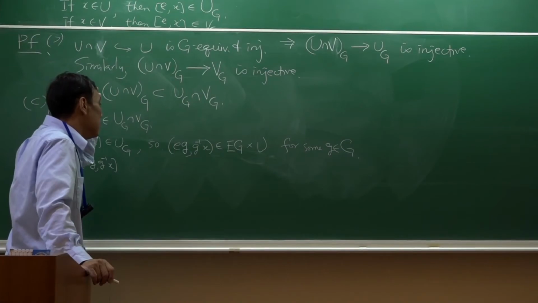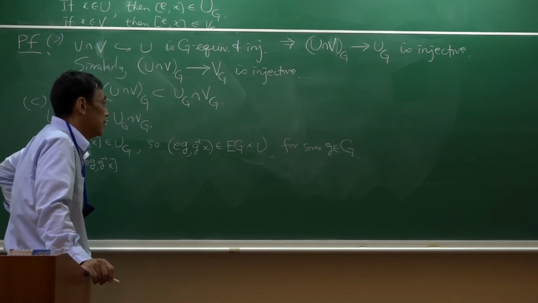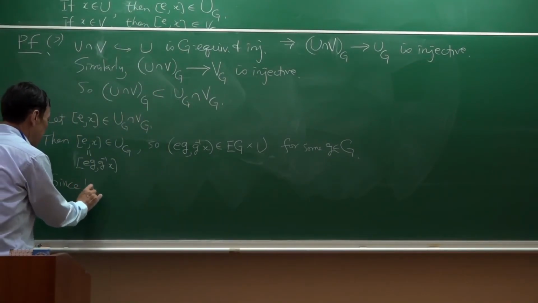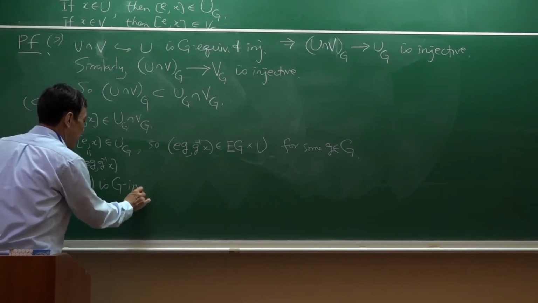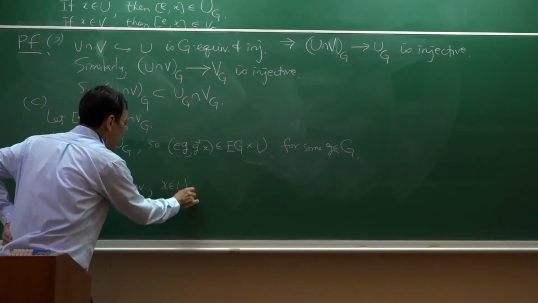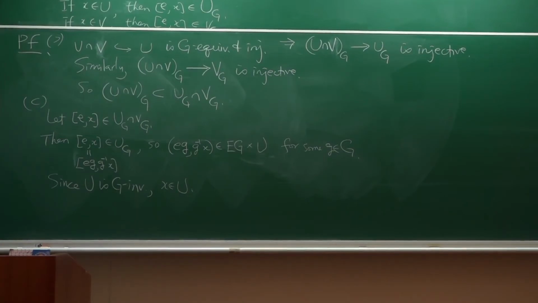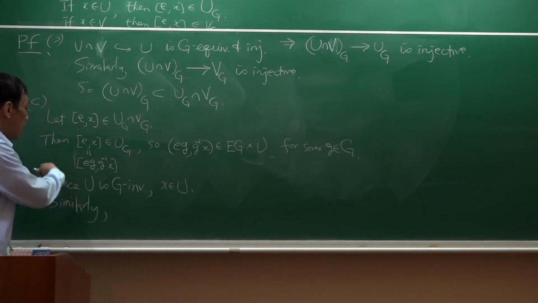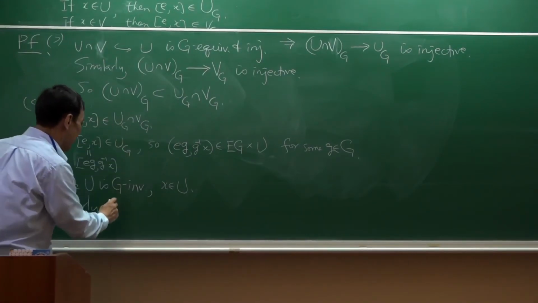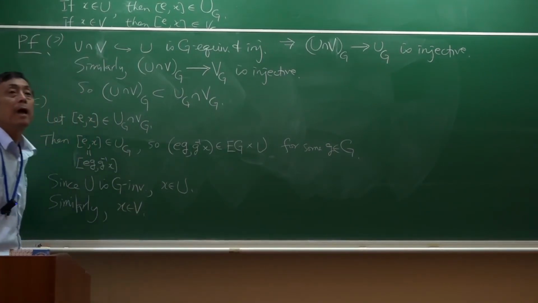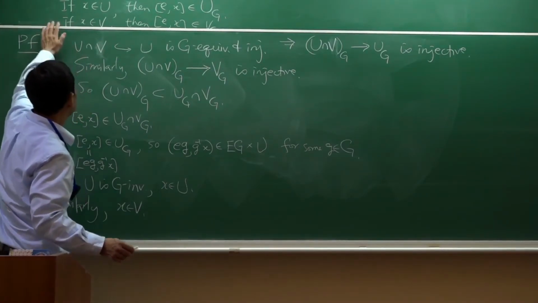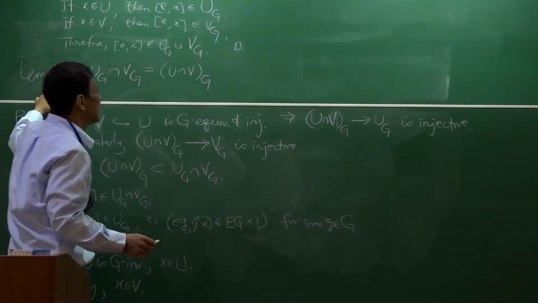However, U is G-invariant, so that says x is in U. Similarly, the same argument will prove that x is in V. So x is in the intersection.